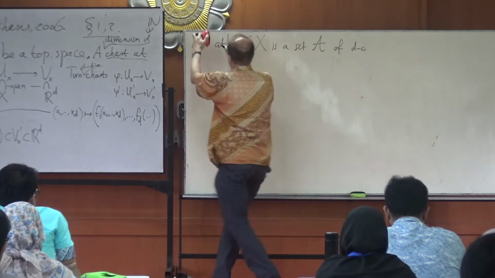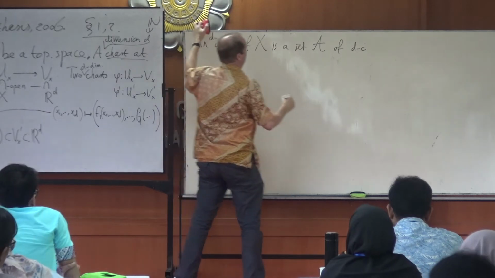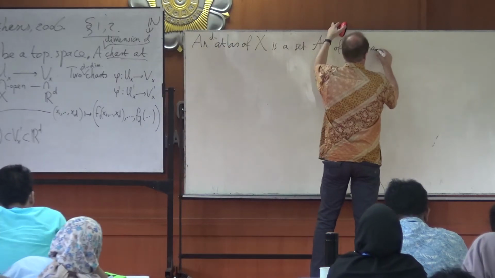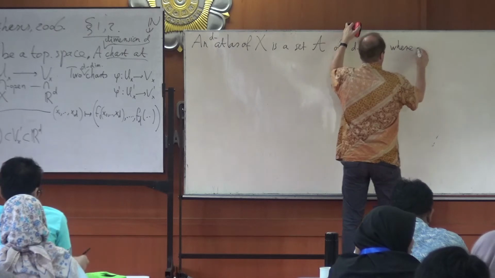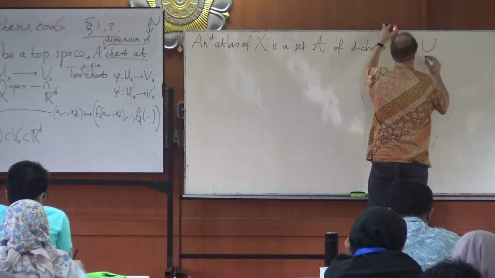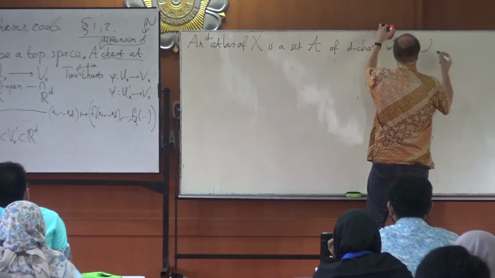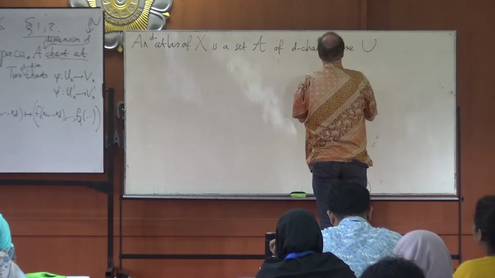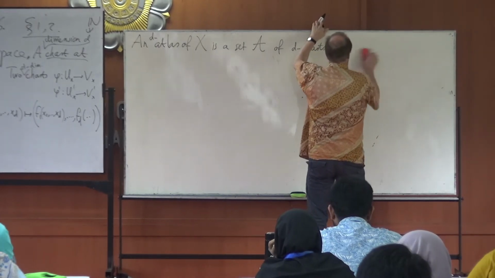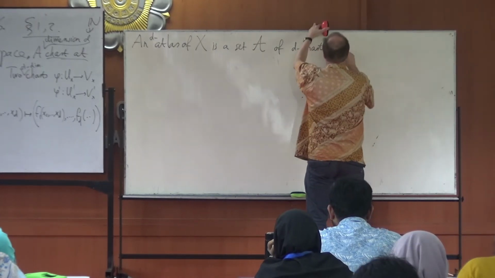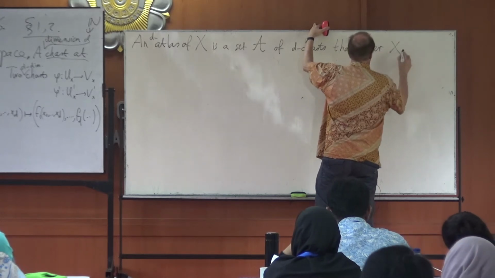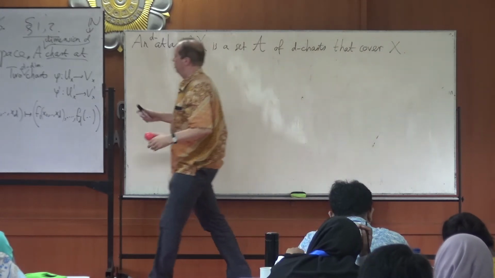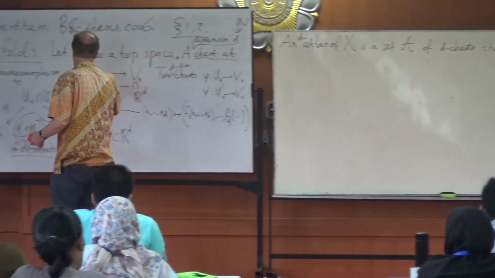So a D-dimensional atlas is a set of D charts where the union over the chart domains cover X, right? Because I said at a point I know what it means to have a chart.